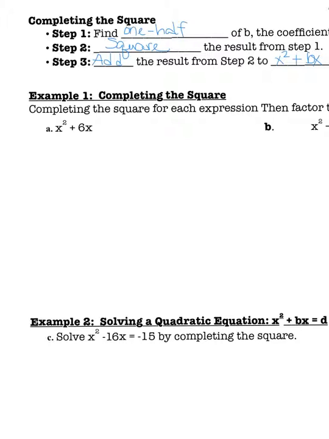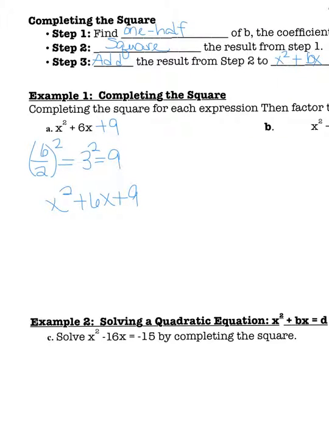So we are going to take 6, we are going to divide by 2, and then you're going to square it. So we're going to have 6 divided by 2, which is 3, and square that. That equals 9. So to complete the square, we would add 9. And so your final answer would be x squared plus 6x plus 9.